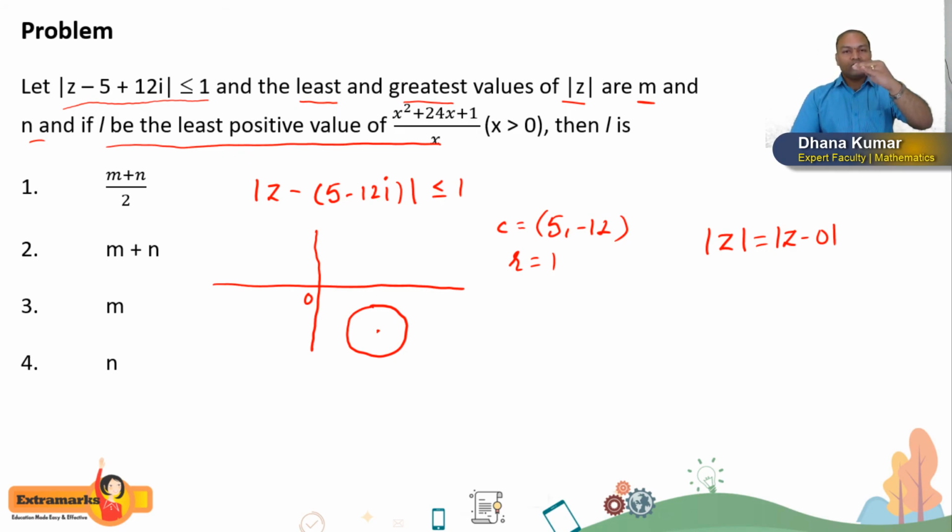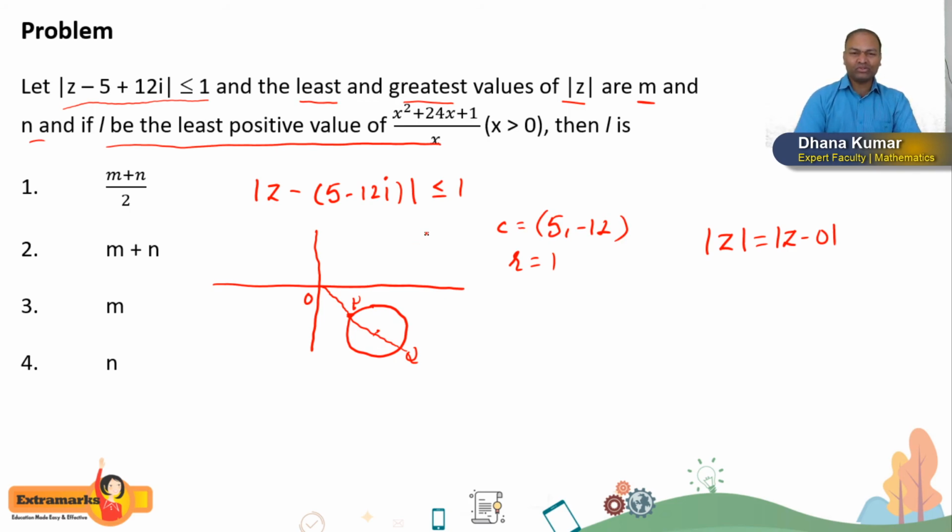In general, according to geometry, the minimum or maximum exists along a common normal. So draw one line like this. It meets the circle at this point P. This is the minimum, and OQ is the maximum. Understood my point?